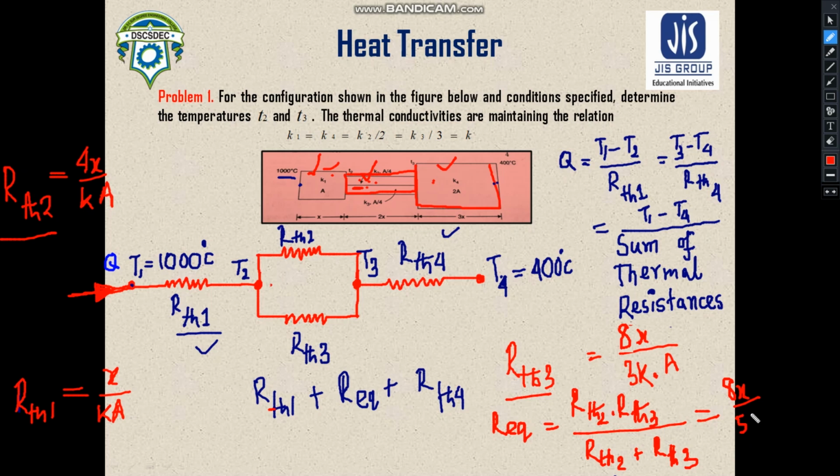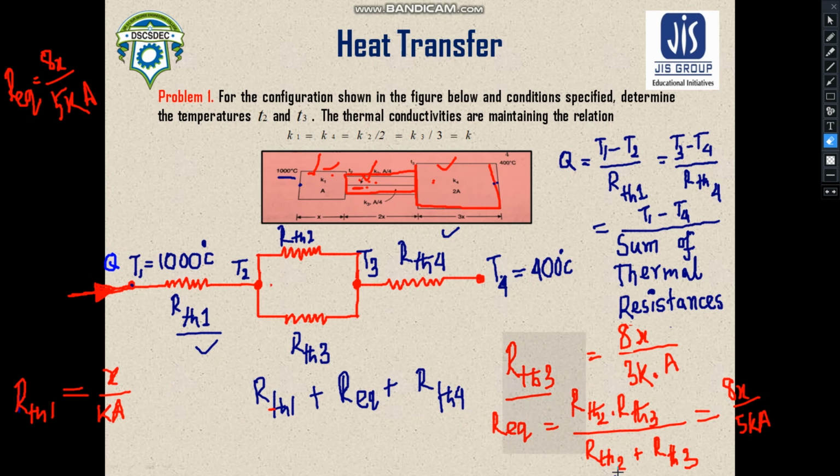Okay, so I'm not getting into the calculations. So now you have found out the equivalent value. So R equivalent is equal to 8x by 5Ka.